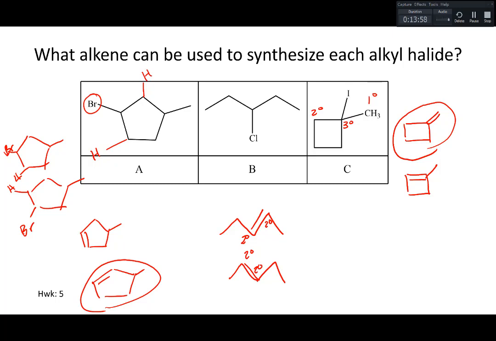But since a primary is so much less stable than a tertiary, rather than a secondary to a tertiary, this will give us the better product percent in the end. Here you'll get two products, but because the energies are closer together, even though the major product will be the product that you want, you'll still get more of a mixture in the second case.